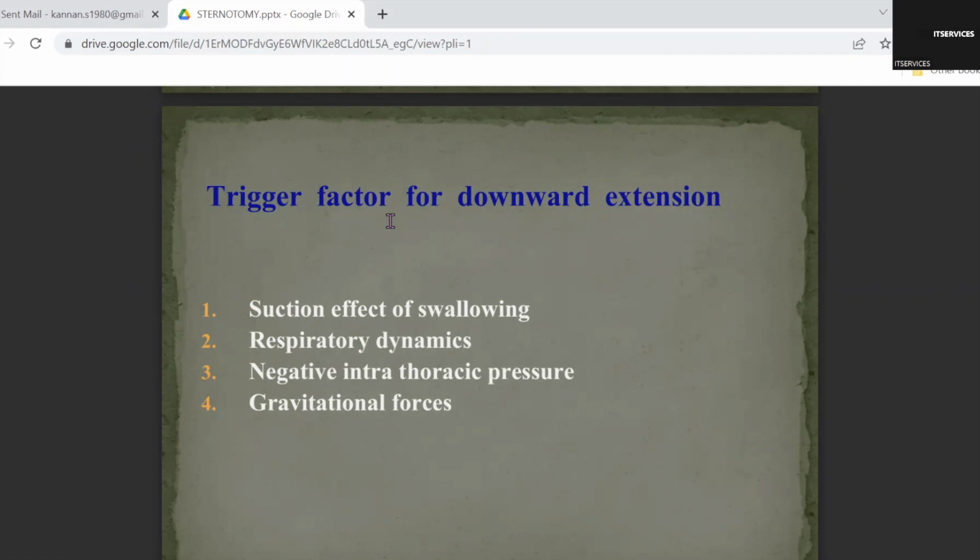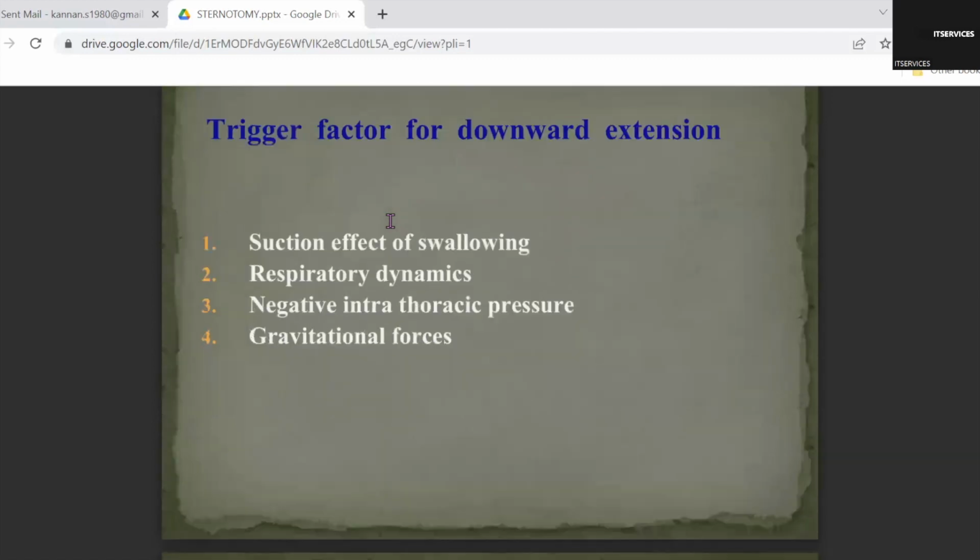The respiratory dynamics start sucking in, which creates negative pressure in the thorax, which promotes downward growth of the thyroid lesions, and even the gravitational force. So the superior part is quite covered, the inferior part is a bit open. That's why the lesion could migrate down.